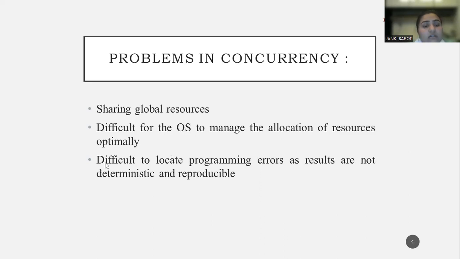Now it is also difficult to locate programming errors, as the results are not deterministic and reproducible.